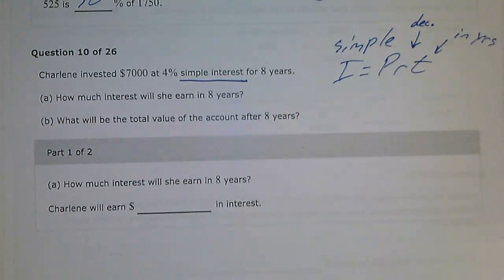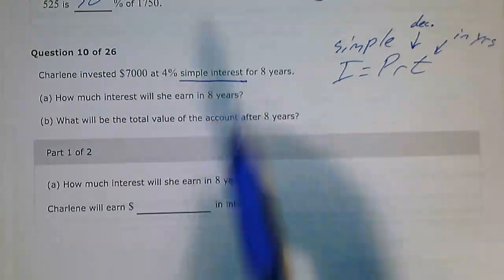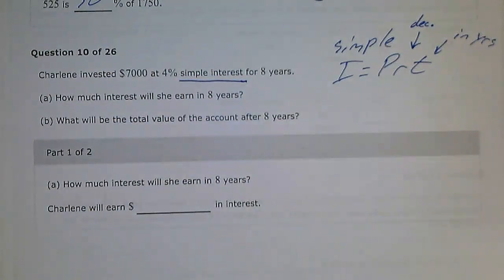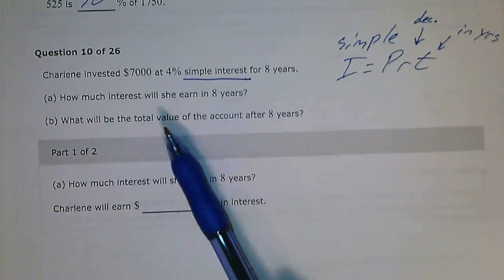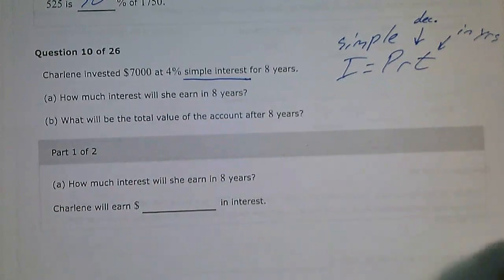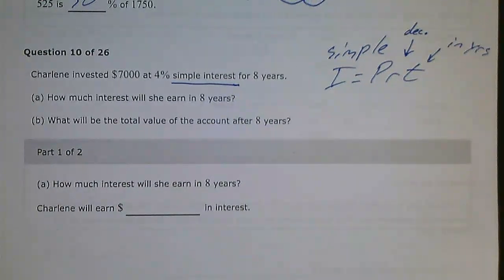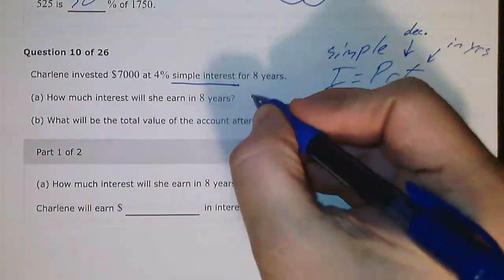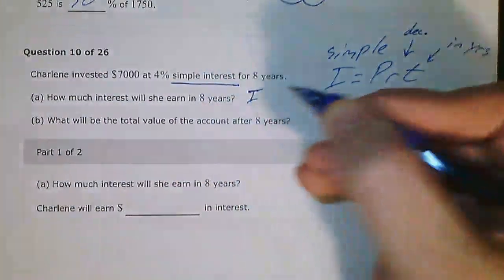So, Charlene invested $7,000 at 4% simple interest for 8 years. How much interest will she earn in 8 years? And then what will the total value of the account be after 8 years? So we're going to solve for I right here.